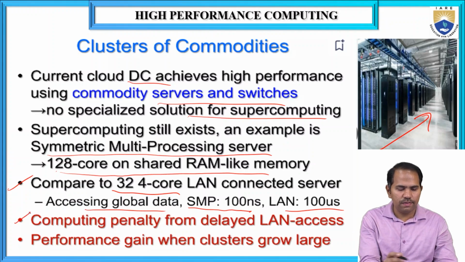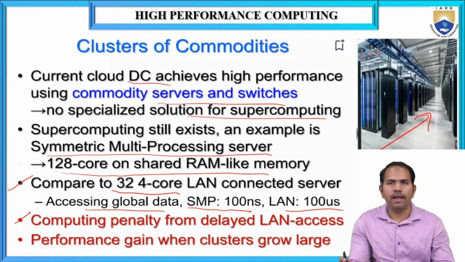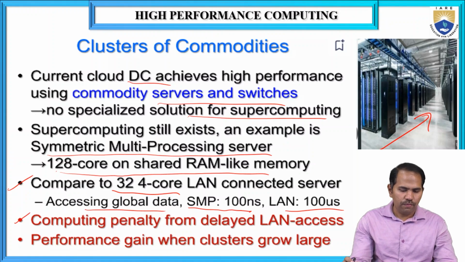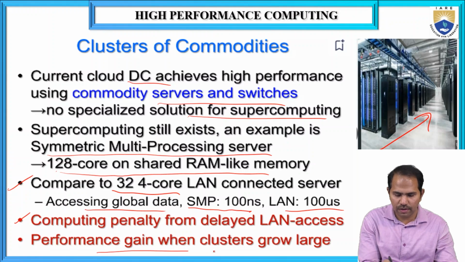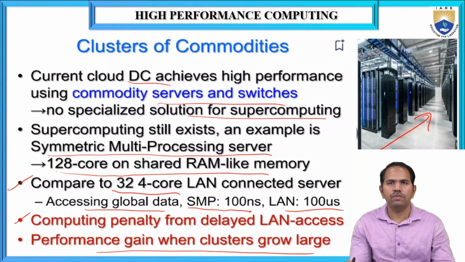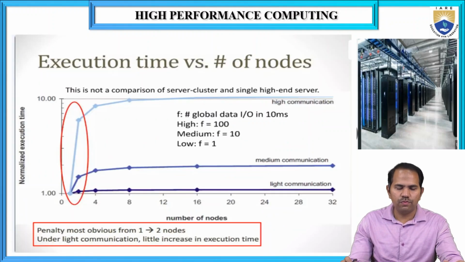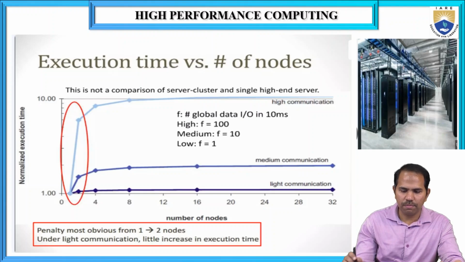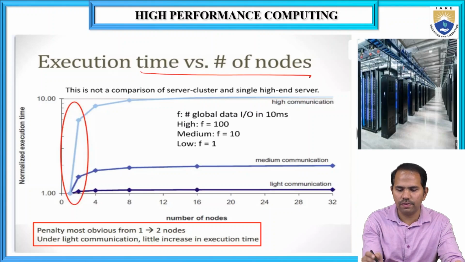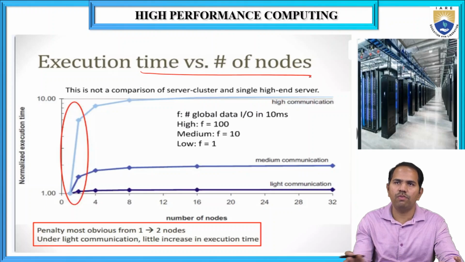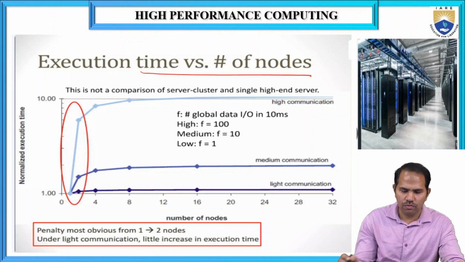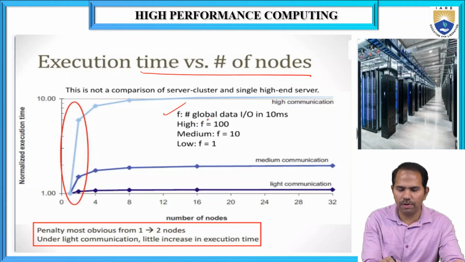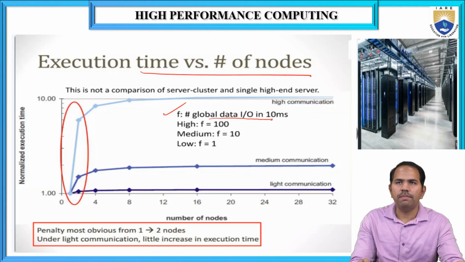Next is the computing penalty from delayed LAN access, and the performance gain when the cluster grows large. This is execution time versus number of nodes. If we increase the number of nodes in AI cluster computing, what is the performance? Here F indicates global data input-output in 10 microseconds.